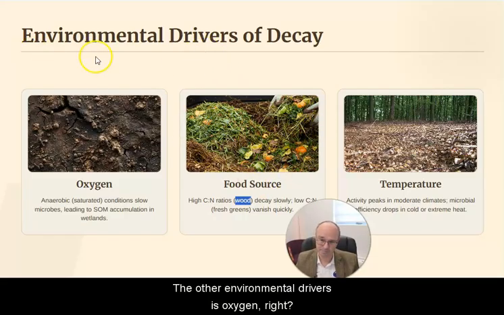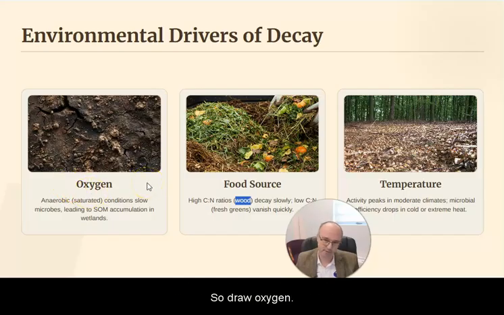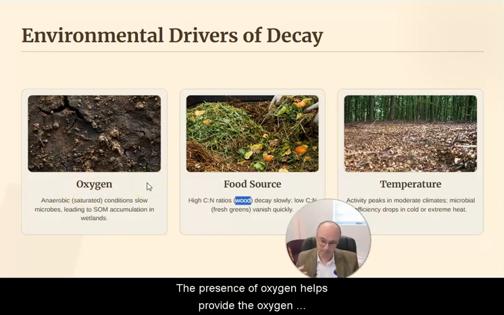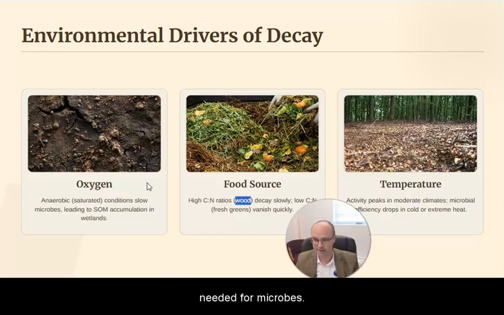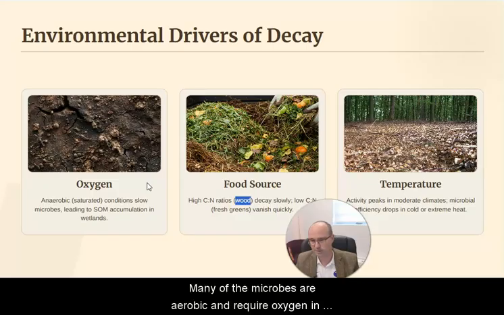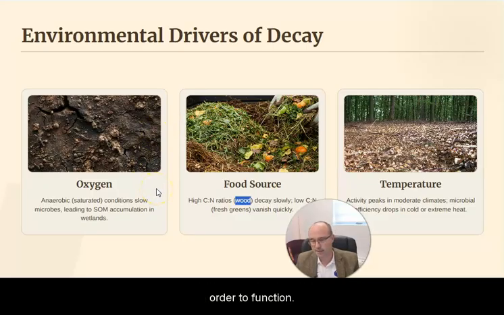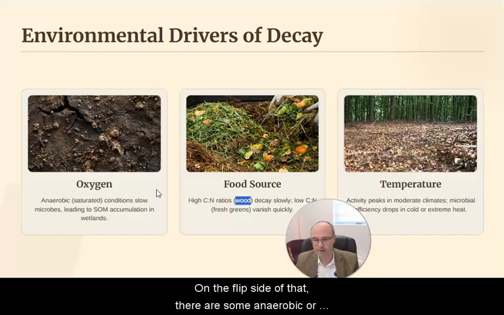The other environmental driver is oxygen, right? The presence of oxygen helps provide the oxygen needed for microbes. Many of the microbes are aerobic and require oxygen in order to function. On the flip side of that, there are some anaerobic microbes that don't like oxygen that can function as well.